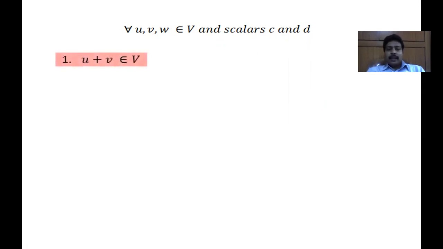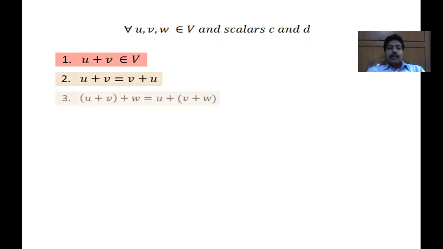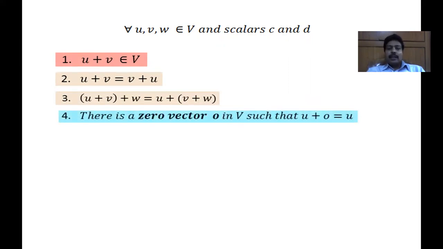So these are the 10 axioms. First one is u plus v belongs to V. This is closure property. And u plus v is equal to v plus u, commutative property. And u plus (v plus w) is equal to (u plus v) plus w, associative property of vector addition. And there must be a zero vector 0 in V such that u plus 0 is equal to u.